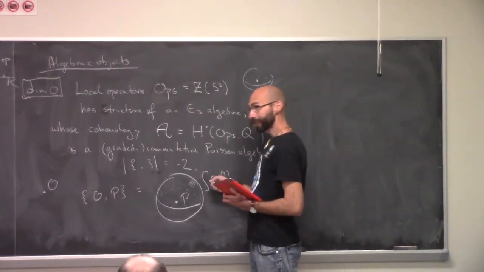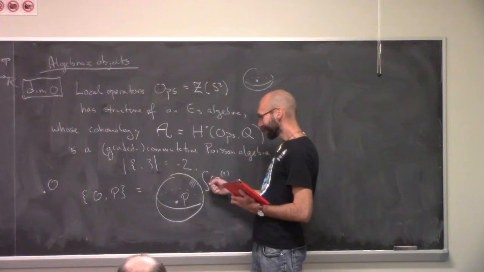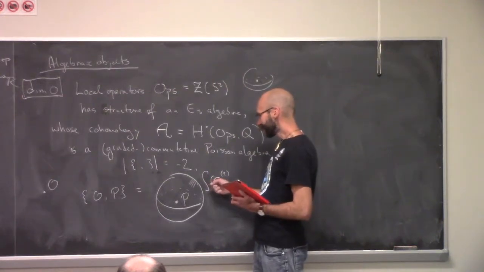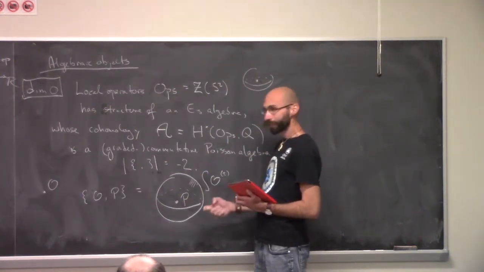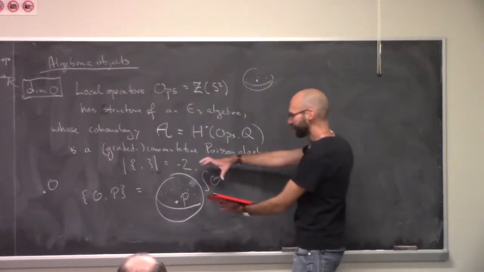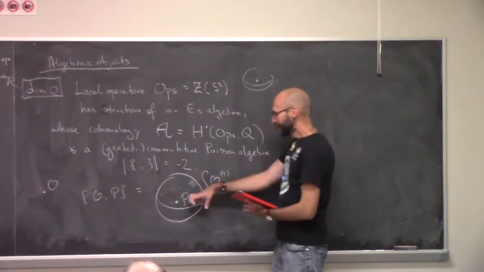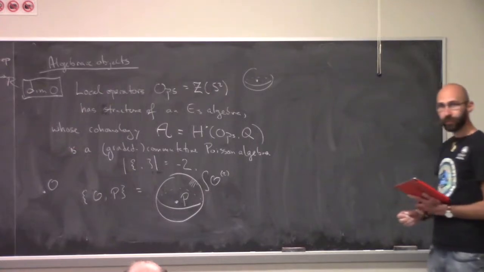So one can use topological descent to turn local operators into forms, and you turn one of these into a two-form and integrate it around the other one. Then you shrink this down, and it defines a new local operator, and that's the bracket.